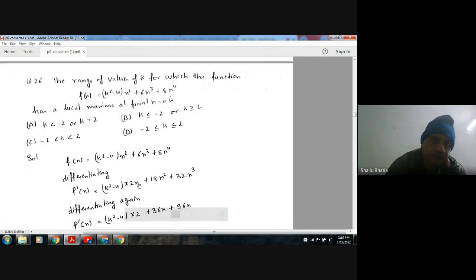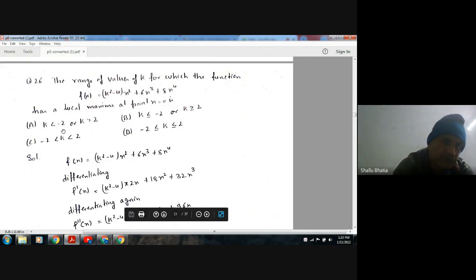Next, the range of values of k for which the function f(x) = (k² − 4)x² + 6x³ + 8x⁴ has a local maxima at the point x = 0 is. So these are the options.